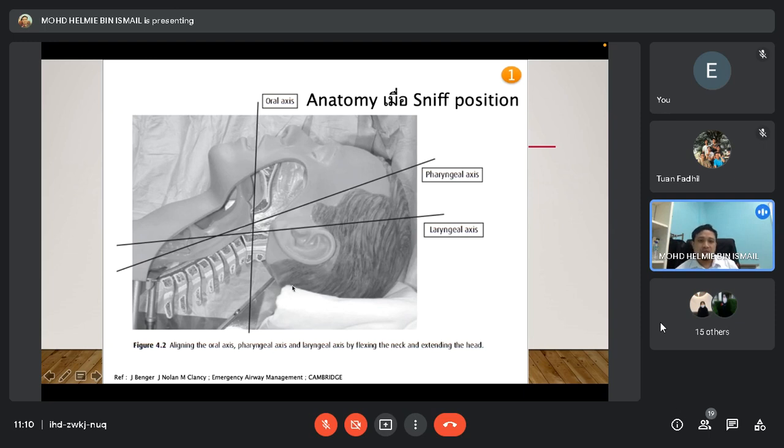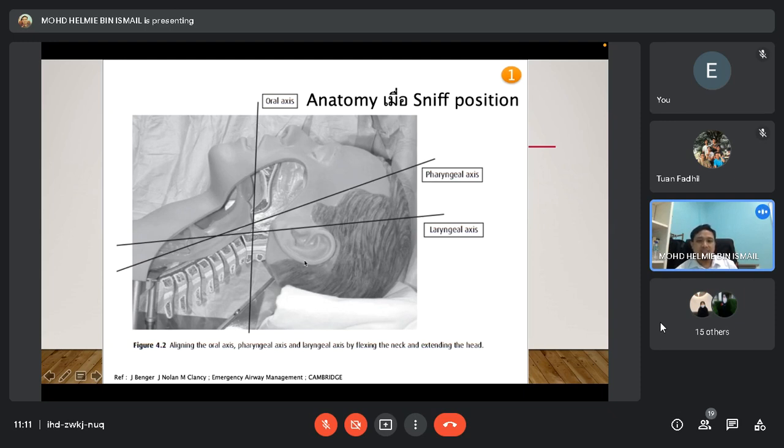Okay, how? Satu adalah you need to flex the neck, extend the head, ataupun sniffing position. Flex the neck, extend the head.